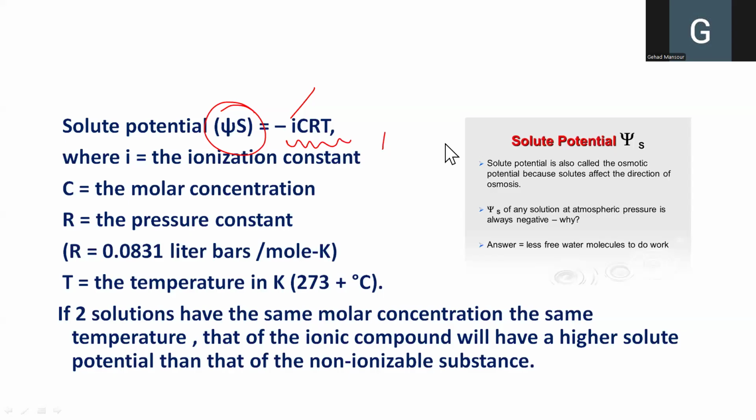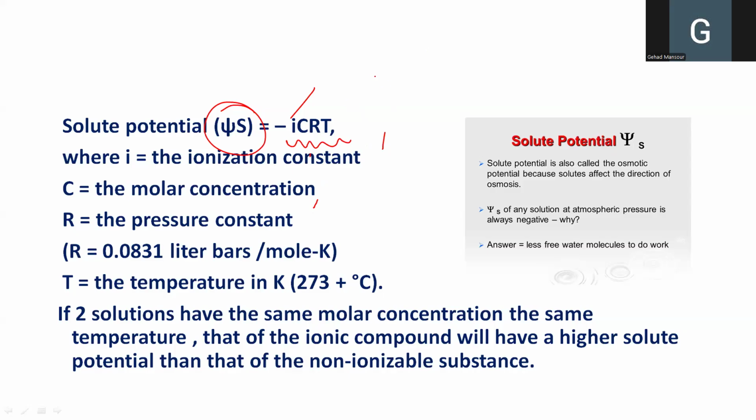So what is the ionization constant? The ionization constant is a constant value for every molecule or substance that depends upon the number of ions per molecule, or more practically speaking, the number of particles in the solution.